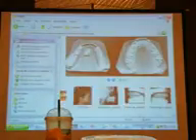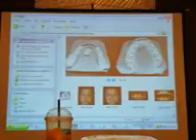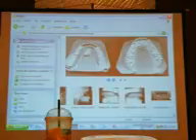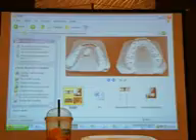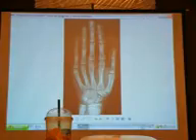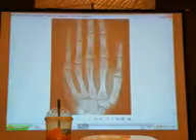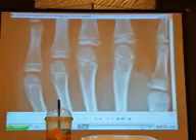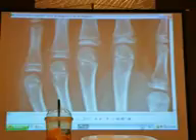Again, a very young girl. This is a young girl as well. And let's see, what do we see here? Do you see sesamoid? Getting here. Can you see it? We have to be a little bit imaginative.